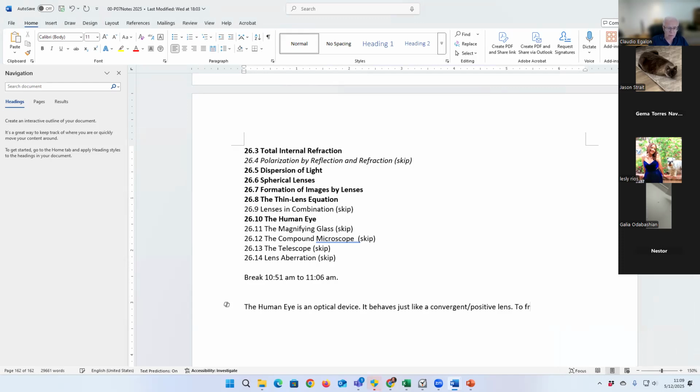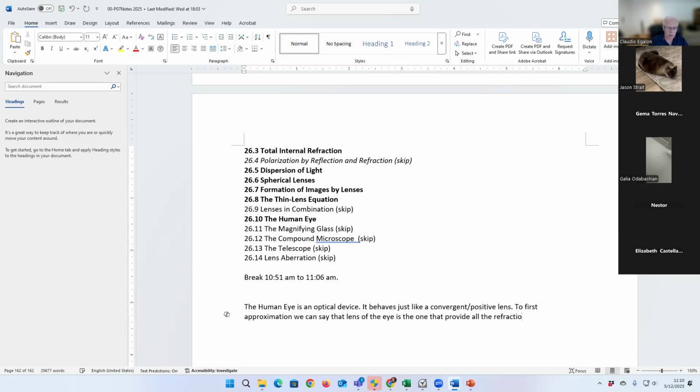To first approximation, we can say that the lens of the eye is the one that provides all the refraction to the light.